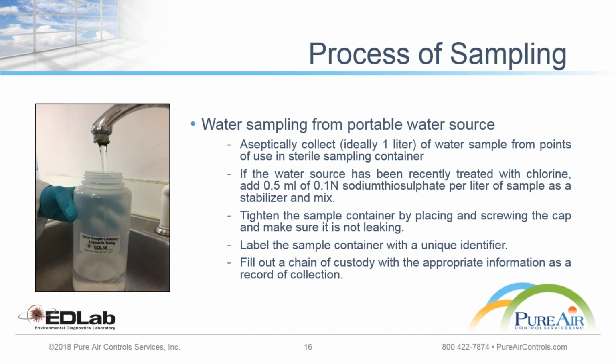And if recently that water is treated with chlorine, then you have to put in a stabilizer that is called sodium thiosulfate. You should be using about half a drop per liter of water to stabilize this, and then tighten the sample, and then make a chain of custody, and then send it to the laboratory for doing the testing.